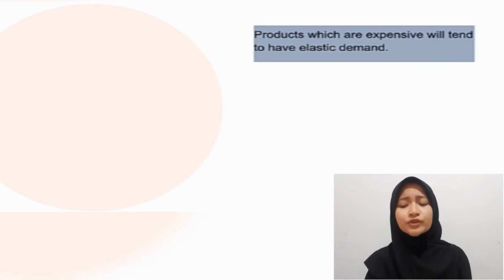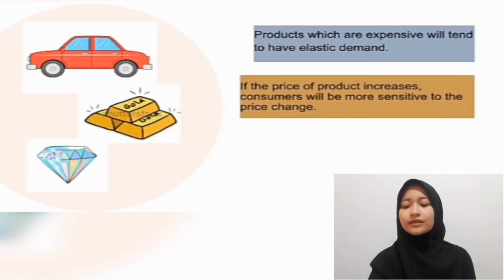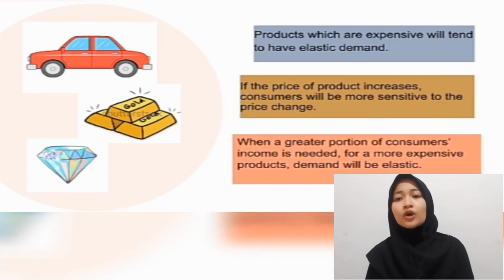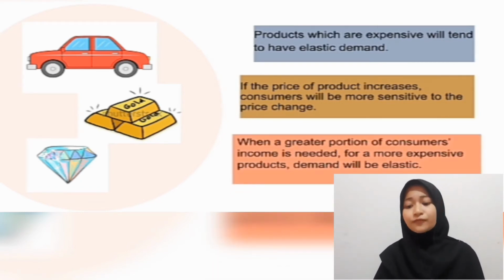Meanwhile, products which are expensive will tend to have elastic demand, such as cars, gold, and diamonds. If the price of the product increases, consumers will be more sensitive to the price change. When a greater portion of consumers' income is needed for a more expensive product, demand will be elastic.